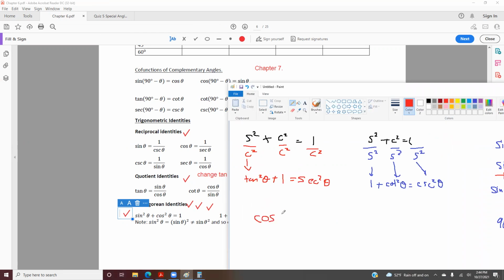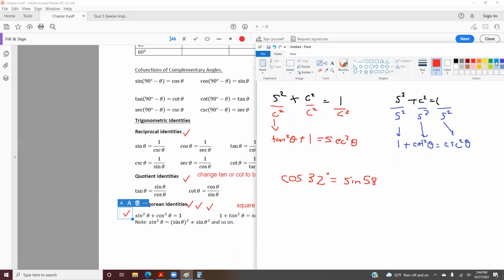So if I want you to find cosine 32 degrees, cosine 32 degrees is the same thing as sine 58 degrees. The reason why is because if you add these two angles up, you get 90 degrees. That's called complementary. 32 plus 58 is 90, right?